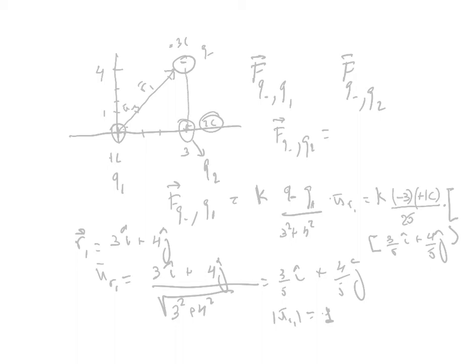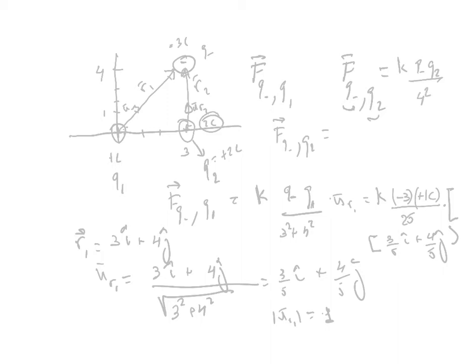You put the vector r2, you find u sub r2, and you write the equation for F on Q minus due to Q2, which is k Q minus, whatever it is, with its sign, Q2 positive sign, I said Q2 is 2 coulomb, divided by the distance squared, but now the distance squared is 4 squared.